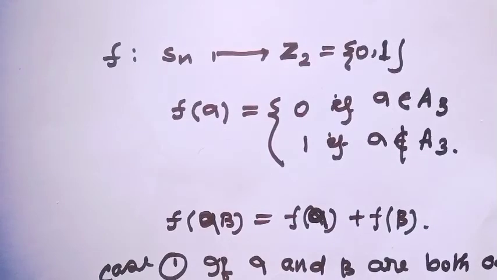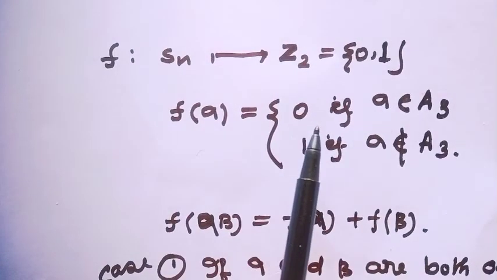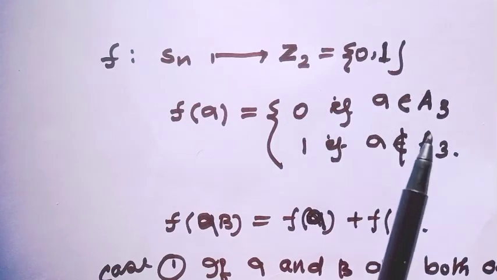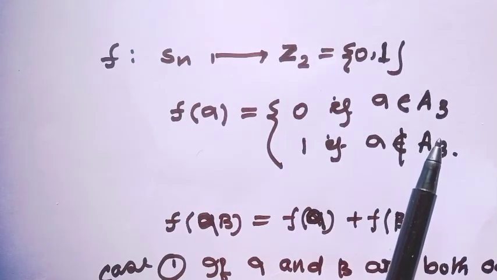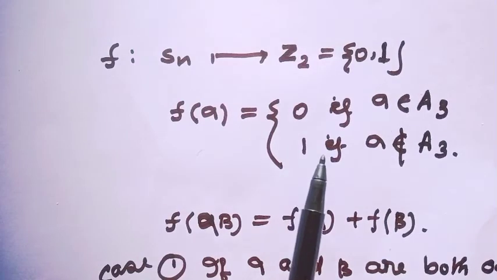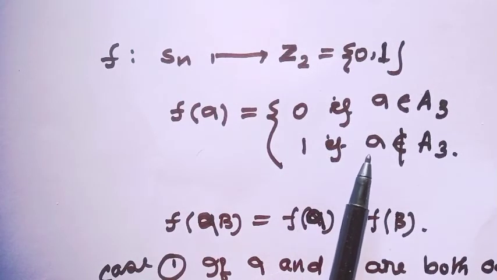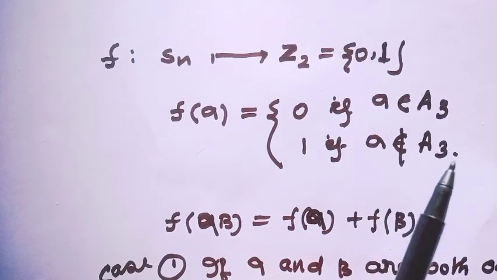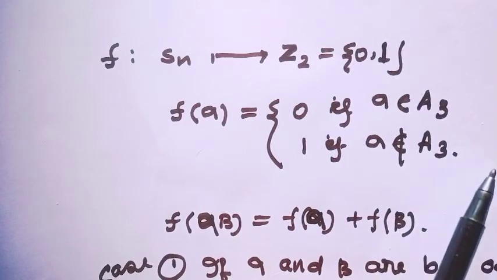Let's see another example. f from the symmetric group of order n to Z2. Z2 means 0 and 1, such that f of sigma equals 0 if sigma is a member of the alternating group, and f of sigma equals 1 if sigma is a member of the odd permutations.